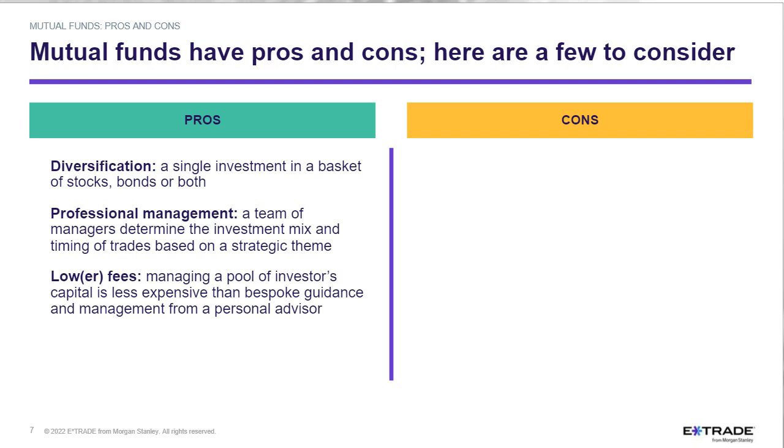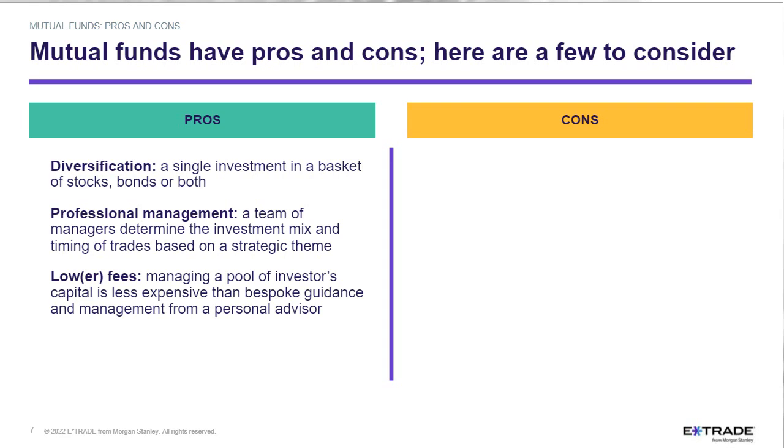Very often people think that they need to have an individual financial advisor managing their money. Well, you can certainly do that, but you're going to pay a fee to that person. Whereas with pooled assets managed by professionals, it's usually a very large pool.